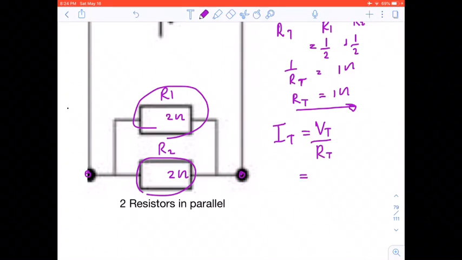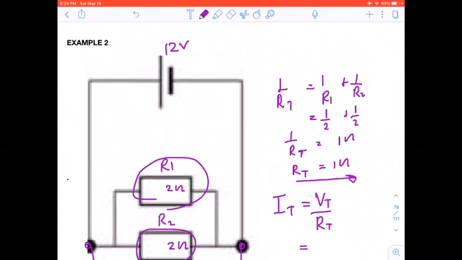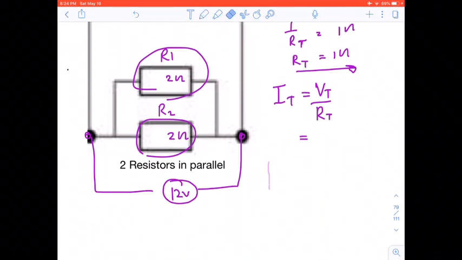But what is my V across this branch? It's going to be 12 volts, because that is the voltage of your battery. So that is 12 volts upon the total resistance of 1 ohm, and therefore the current in this particular circuit is 12 amps, right?